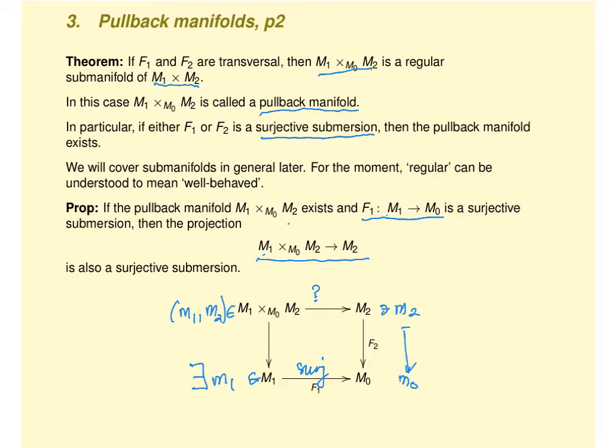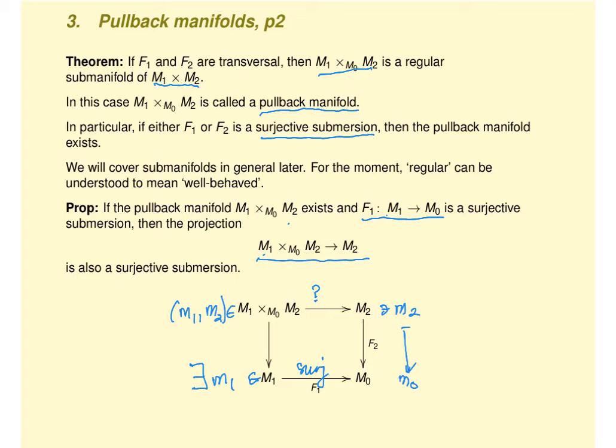And what's remarkable is that exactly the same proof works for the submersion condition, so long as we do it on the level of the tangent spaces. And I'll just sketch this extremely briefly here, and we will come back to it later. But one thing about the transversality condition is that it ensures that the tangent spaces to the pullback manifold are the pullbacks of the tangent spaces.